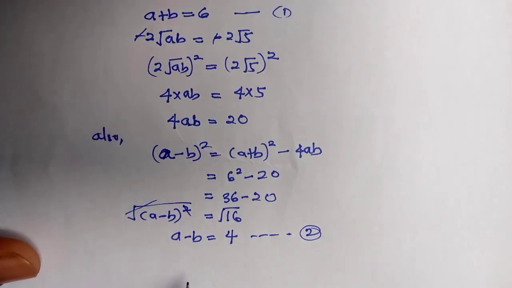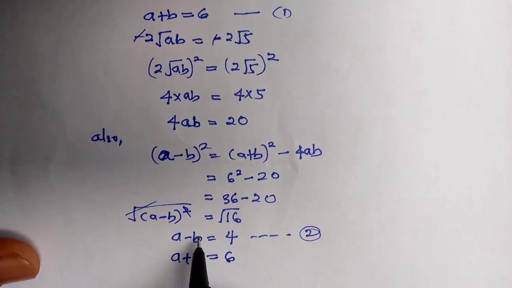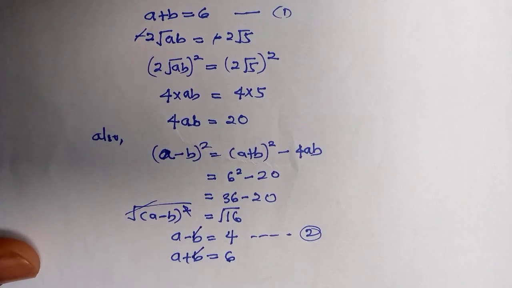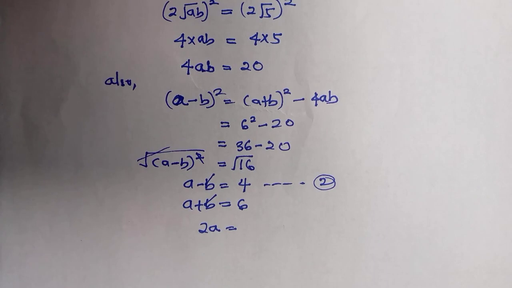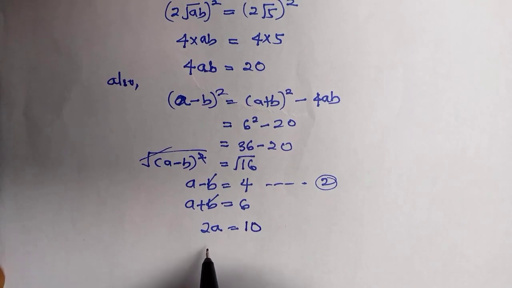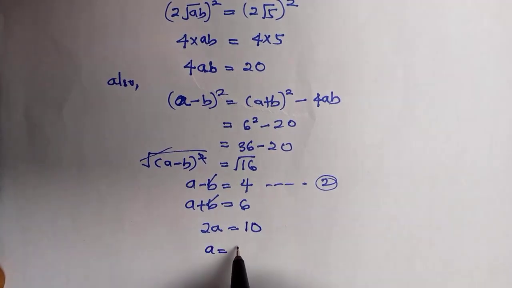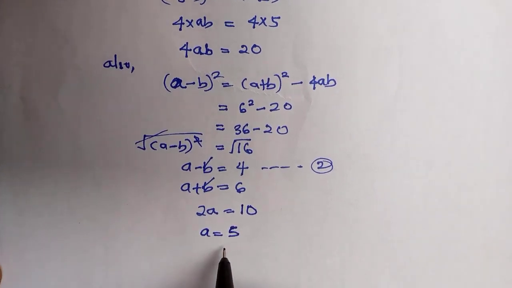So let's combine these two equations together. We have a plus b equals 6, right? And cancelling these two, we have 2a equals, adding this, 10, and dividing both sides by 2, we have a equals 5. So let's solve for b.